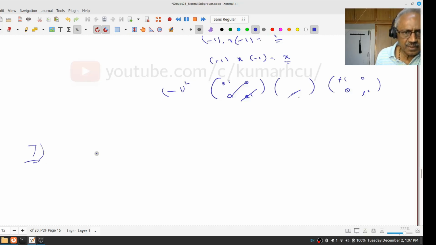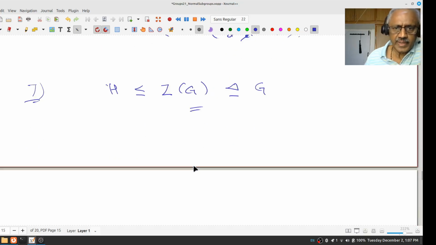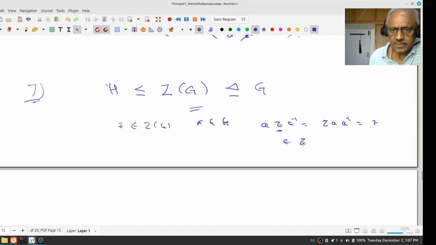So that gives a very general result. If H is a subgroup of the center of G, and we know the center of G is normal in G. Why? Because you start with any Z in the center of G and A in G, then A Z A inverse, because Z is in the center, is the same as Z A A inverse, which is Z. Therefore this is in the center.